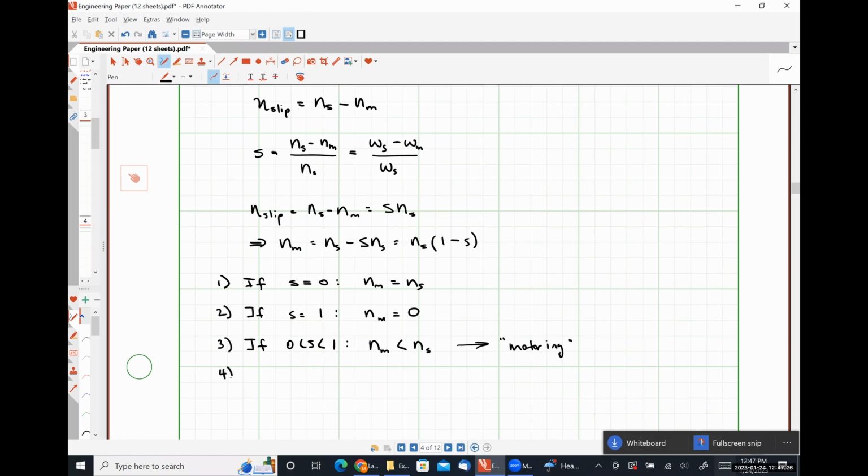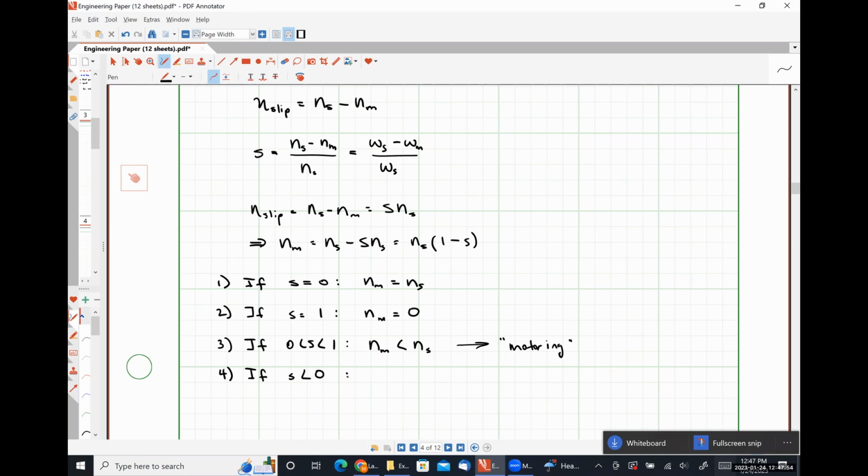Let's look at a fourth condition. If our slip is negative, what are the implications of this? Not quite. So if our slip is negative, then 1 minus s is going to be something that's greater than 1.